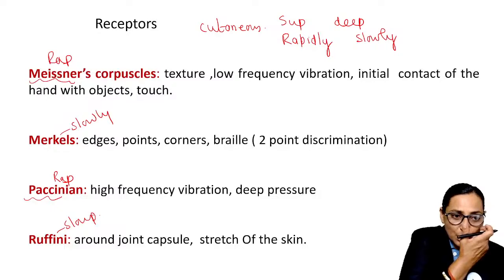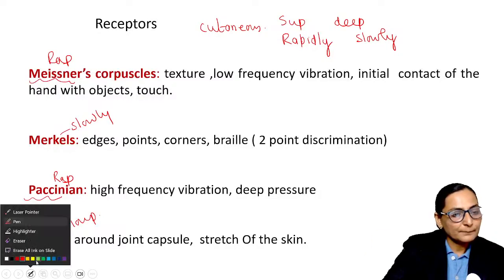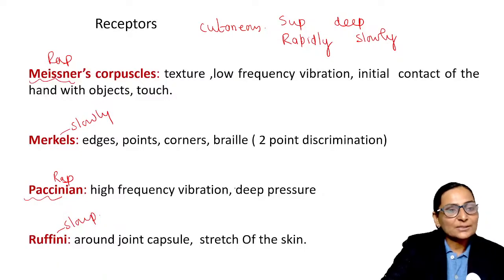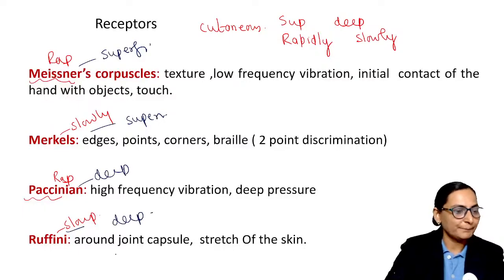Out of which, which are the superficial ones? Meissner's is superficial, Merkel's is also superficial, but Pacinian is deep and Ruffini is also deep.